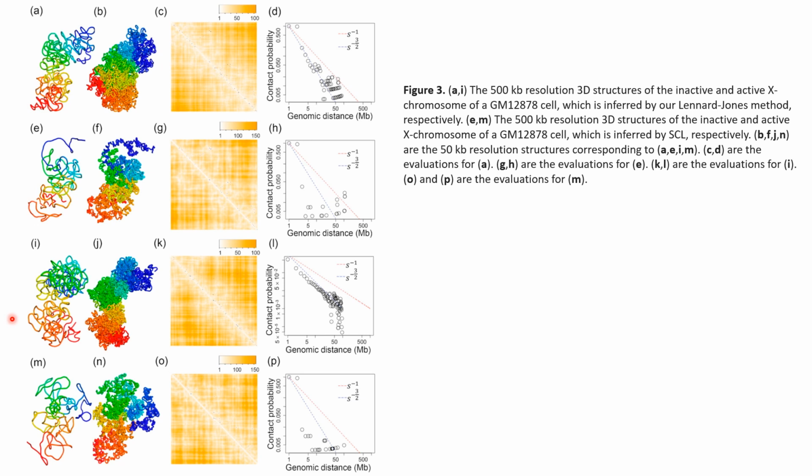E and M are the 500 kb resolution 3D structures of the inactive and active X chromosomes of a GM12878 cell, inferred by SCL, respectively. B, F, J, N are the 50 kb resolution structures corresponding to A, E, I, M.